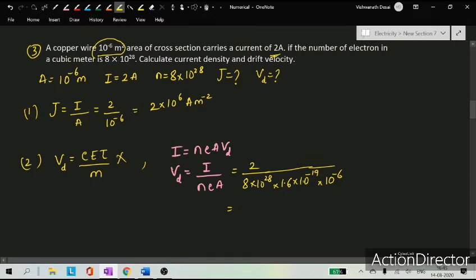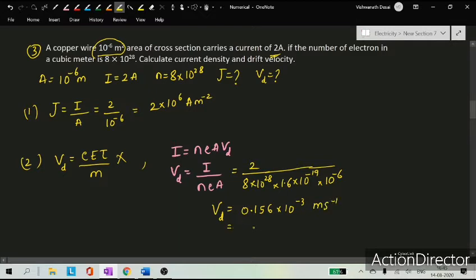You are going to get 0.156 into 10 to the power minus 3. Since it is a drift velocity, the unit is meter per second.